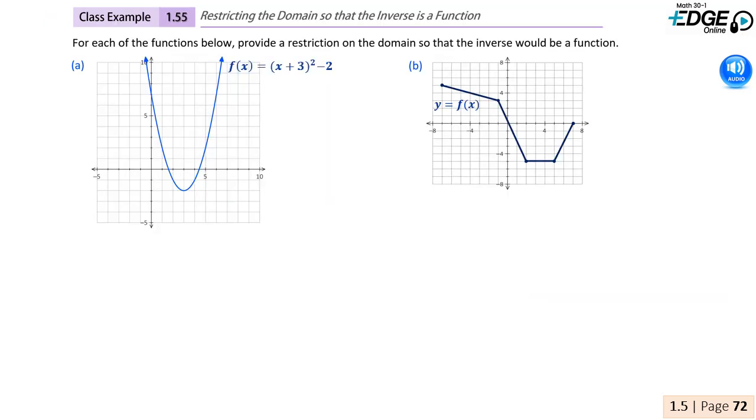Our final class example, 1.55, will ask us to place restrictions on a function so that its inverse is also a function. This question isn't particularly challenging, but students often misunderstand what it's asking. Here, we've been given a parabola, f of x equals (x plus 3) squared minus 2. It is a function.